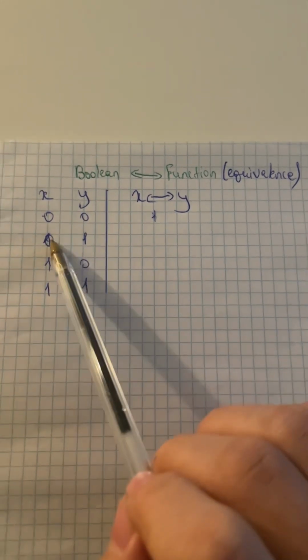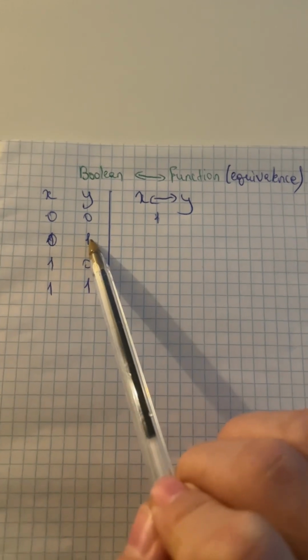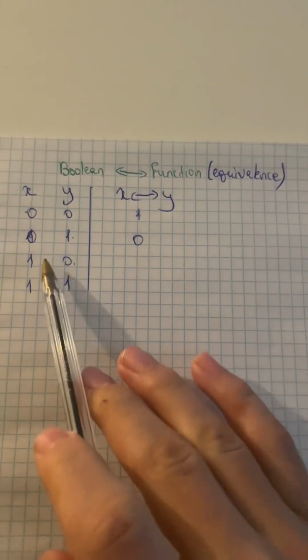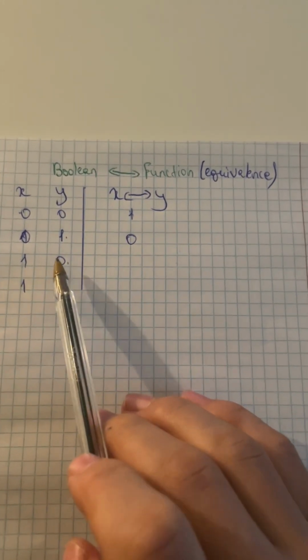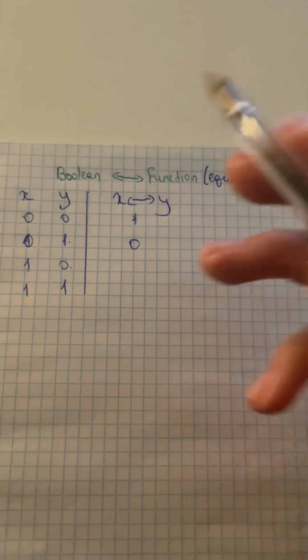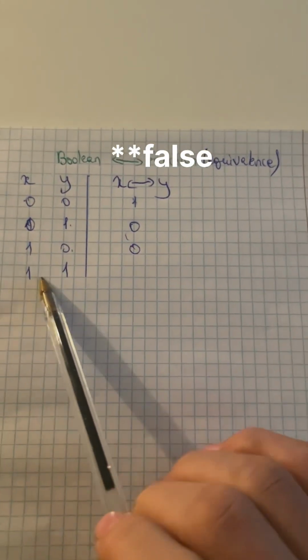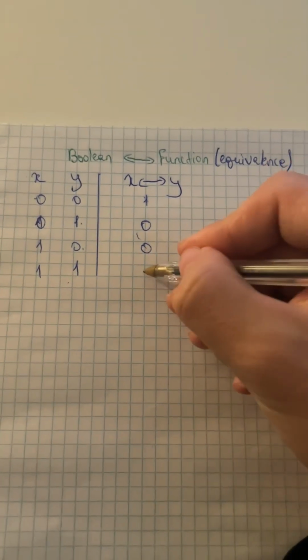That means both statements are not both true or both false. Therefore the result is false. Here again both statements are not the same, therefore the result is false. Here both statements are true, therefore the result is true.